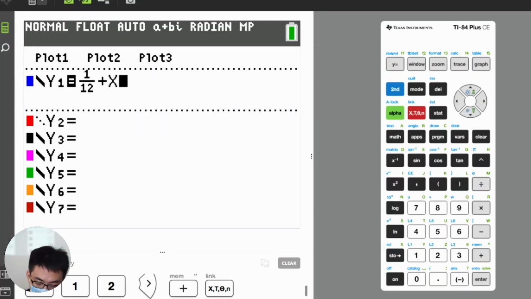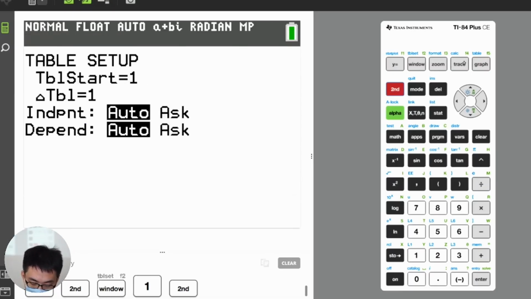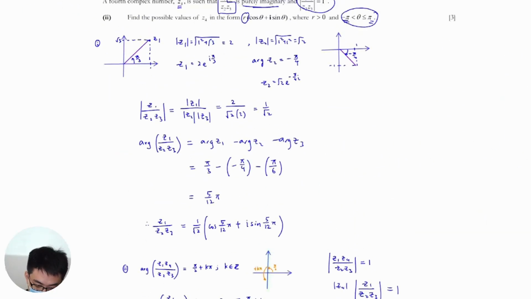The only two which will give you within the, what do you call it, the principal argument, is these two here: 1 over 12 and minus 11 over 12. Okay. Only these two are between.